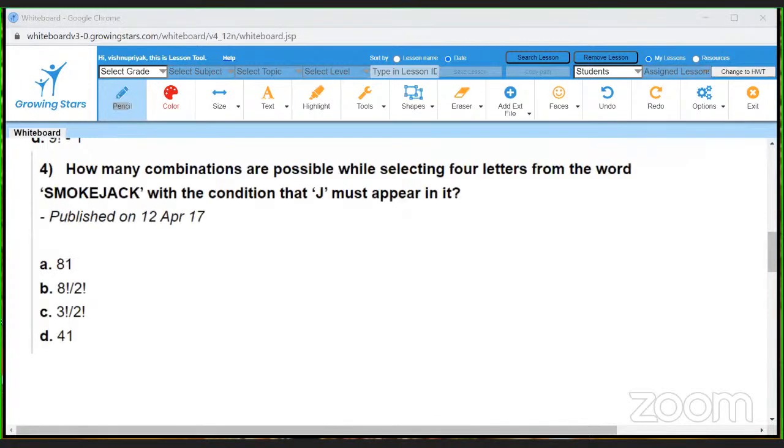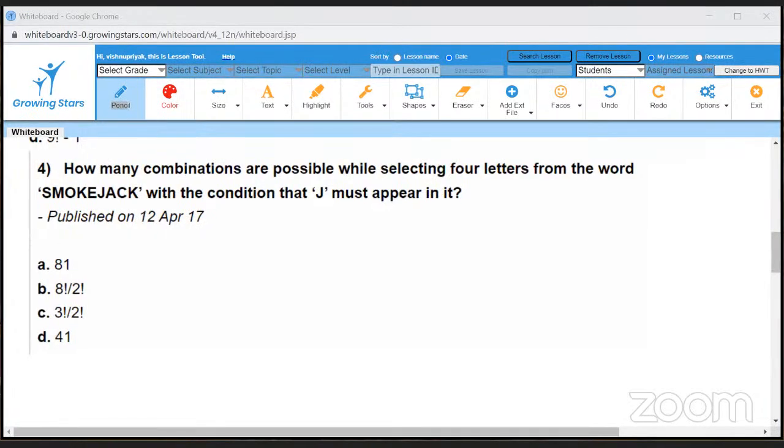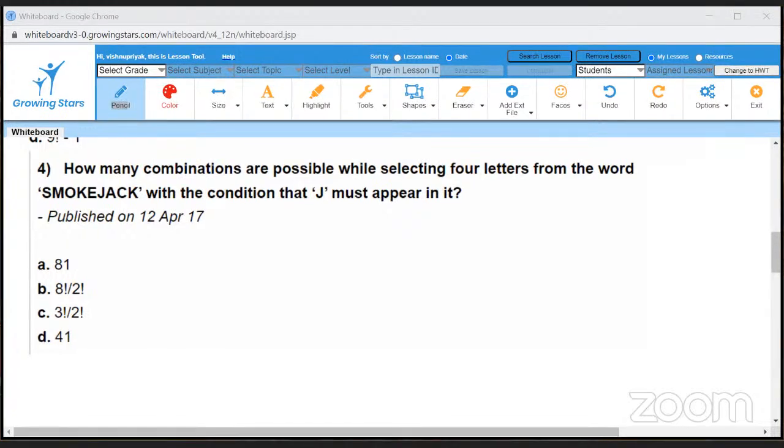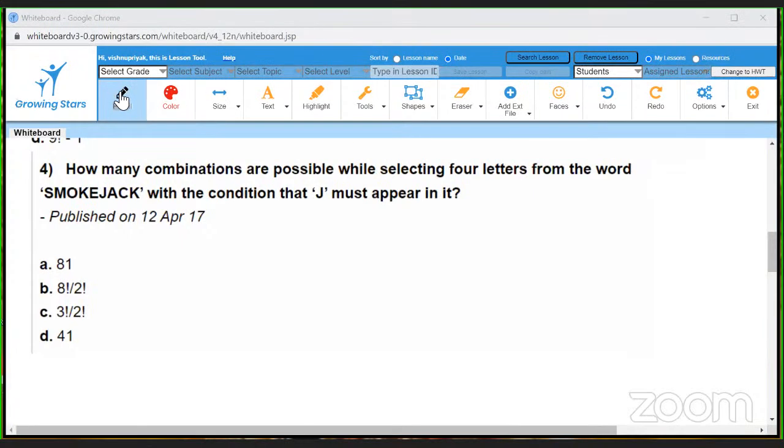Here is the next question. In this question, how many combinations are possible while selecting 4 letters from the word SMOKEJACK with the condition that J must appear in it? So, as per the question, we want a 4-letter combination, because they are saying 4 letters have to be selected.